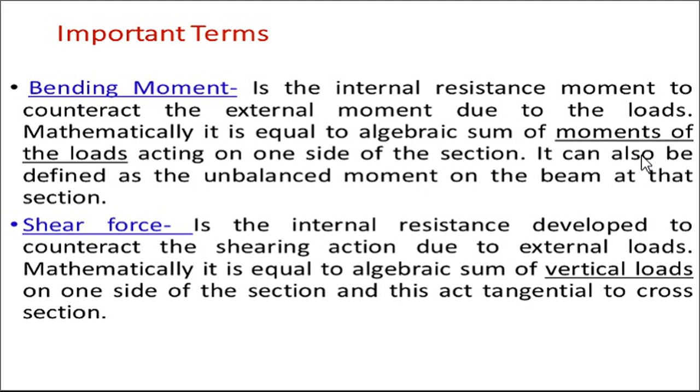In another way, the bending moment is also defined as the unbalanced moment on the beam at that section. Just like an unbalanced force, you can call it an unbalanced moment on the beam.